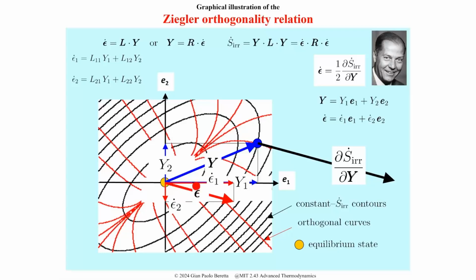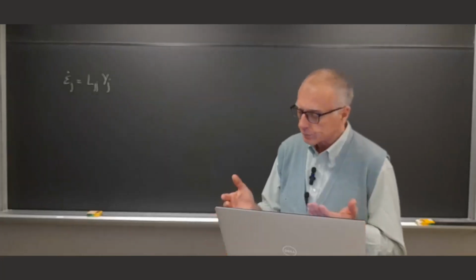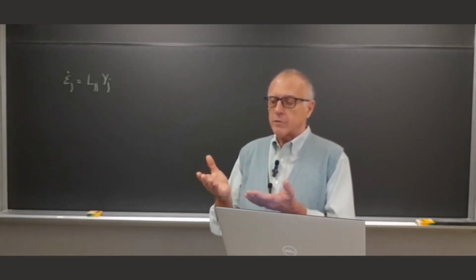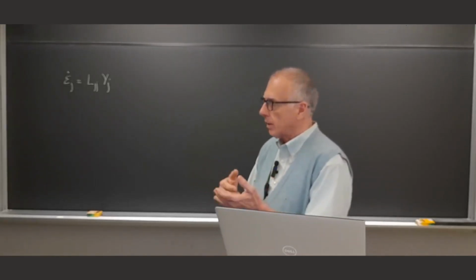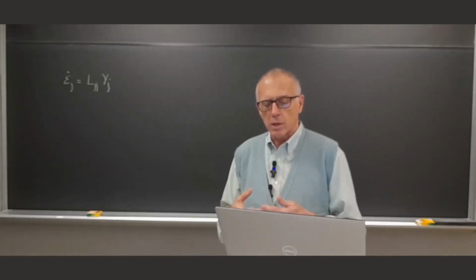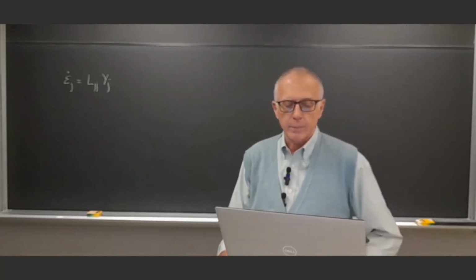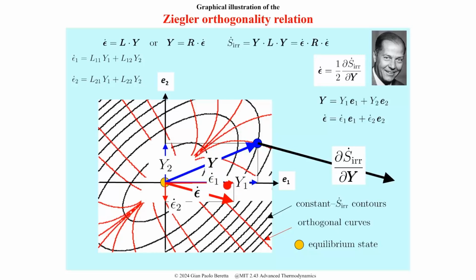And what this shows is that, if you had only one reaction and one affinity, the proportionality is typically that the rate and the affinity have the same sign. So if the affinity is positive, epsilon 1 is positive, and their relation is, instead of this 2 by 2 system, just 1 by 1, simply the proportionality L11.